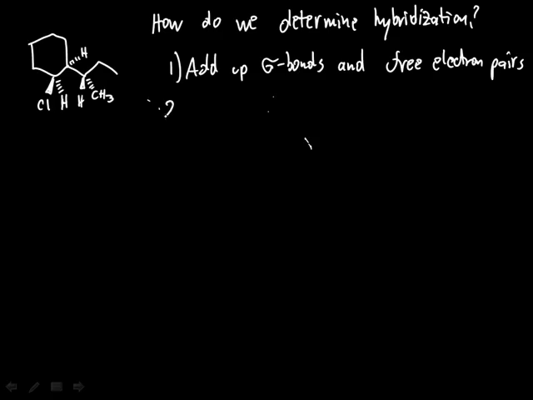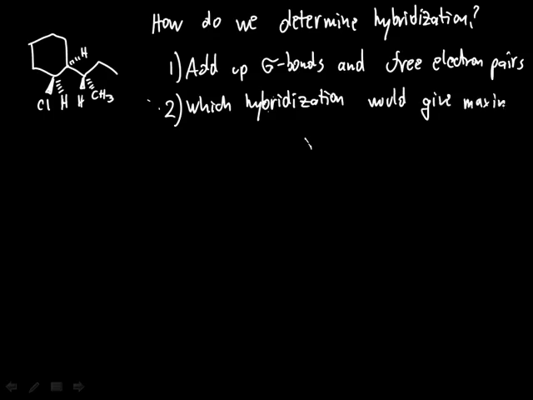The second question that we ask is, which hybridization would give you maximum separation? And we know that if we have 4 electron pairs, that would be sp3.